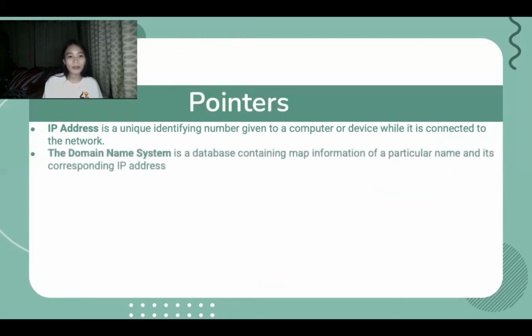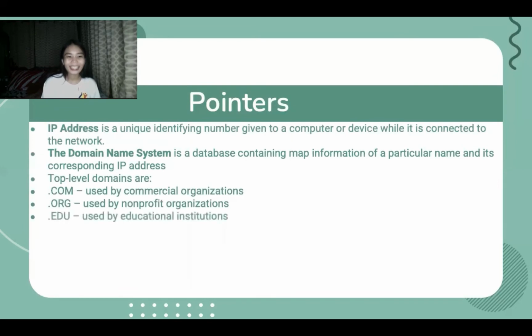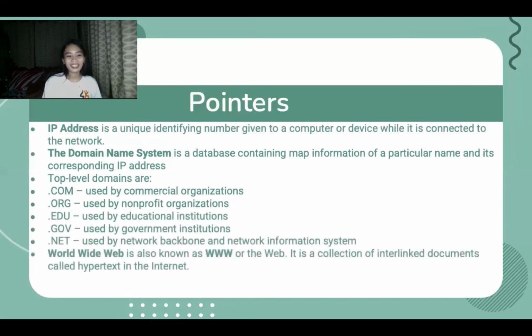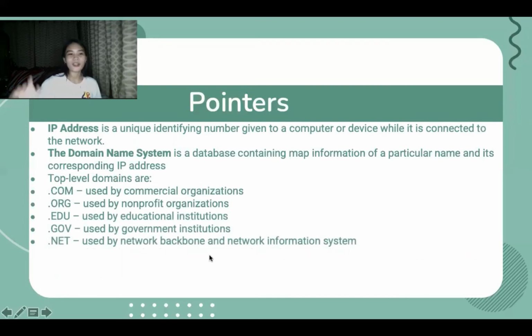For the domain names, we have the following: .com, .org, .edu, .gov, .net. So .com is used by commercial organizations, like YouTube.com and Facebook.com.